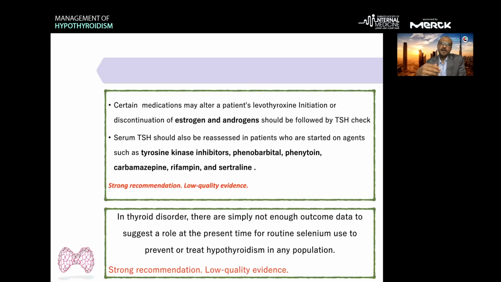Specific medications that are either enzyme inducers or inhibitors, like tyrosine kinase inhibitors and anti-epileptics, significantly do affect the TSH level. And once you start your patient on any of these medications while on treatment with thyroxine, you need to monitor their TSH level. And this is a very strong recommendation.